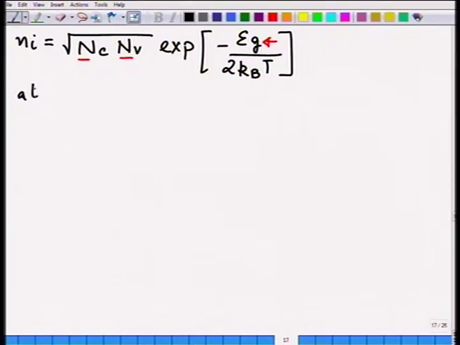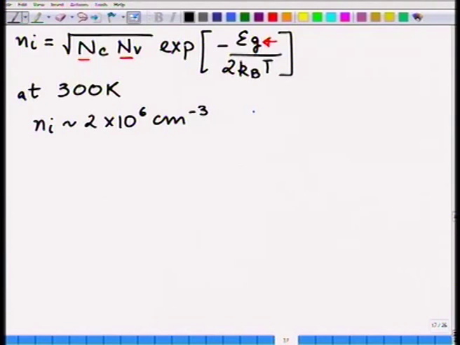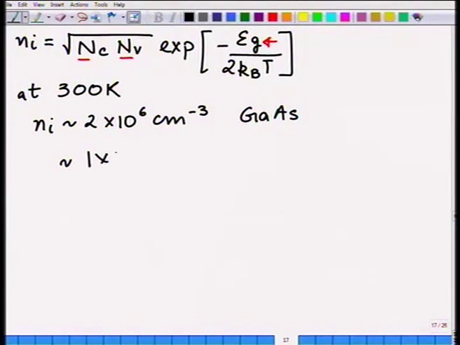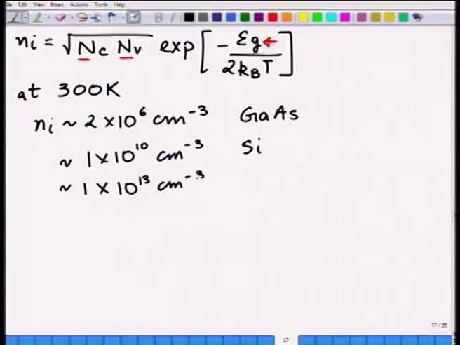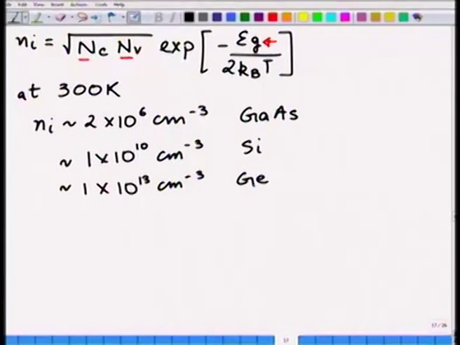So at room temperature, at 300 K, let me give you some numbers. Ni is equal to about 2 into 10 to the power 6 per centimeter cube, the number of holes and number of electrons in the conduction band and valence band, for gallium arsenide, which has a band gap of about 1.5. This is about 1 into 10 to the power 10 for silicon, and this is about 1 into 10 to the power 13 per centimeter cube for germanium.